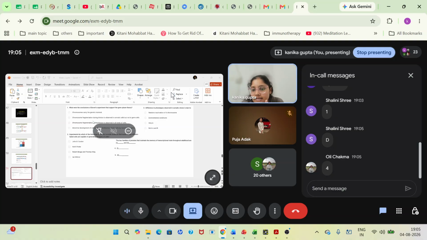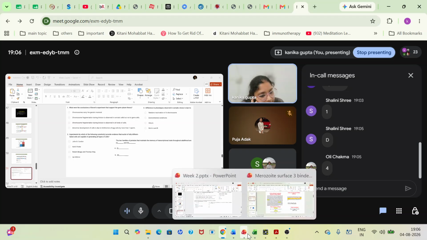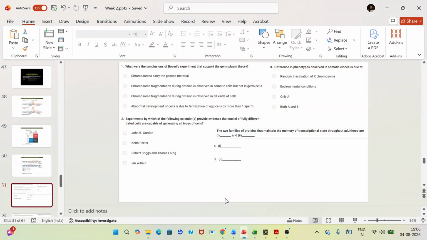Next question. We'll go for question number 4. The two families of proteins that maintain the memory of transcriptional state throughout adulthood are 1 and 2.